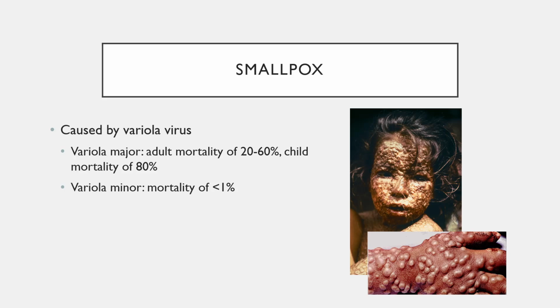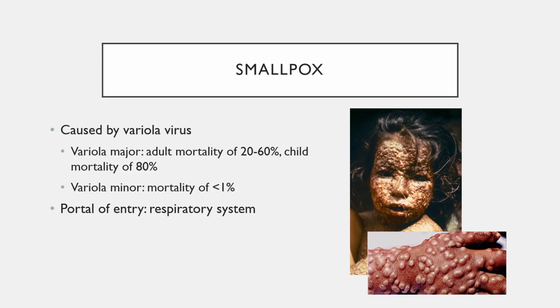Variola minor has a much lower mortality rate of less than 1%. So smallpox is an extremely dangerous disease, which thankfully is not around anymore due to vaccination. Its portal of entry is the respiratory system, which means that in some guides and textbooks, you will also see this classified as a respiratory infection, even though its primary manifestation of symptoms are on the skin.